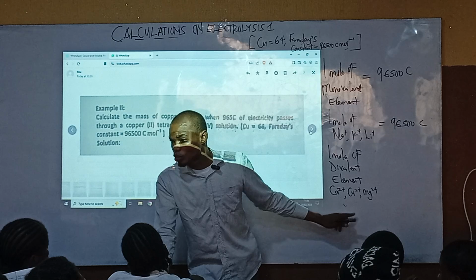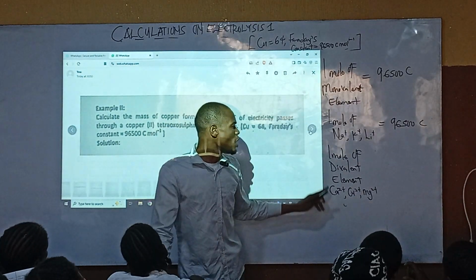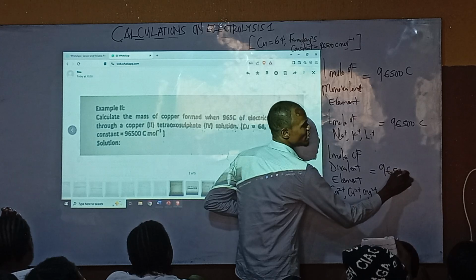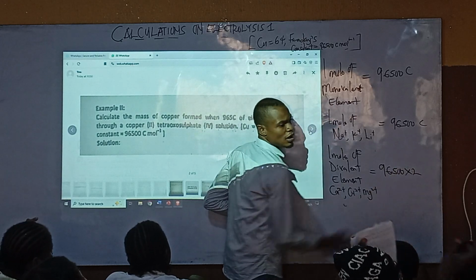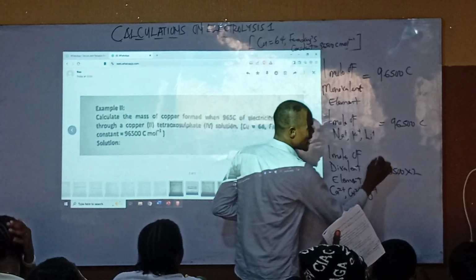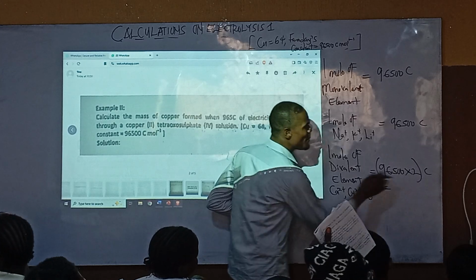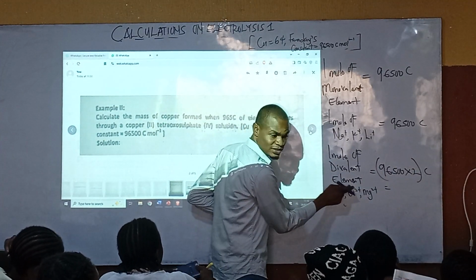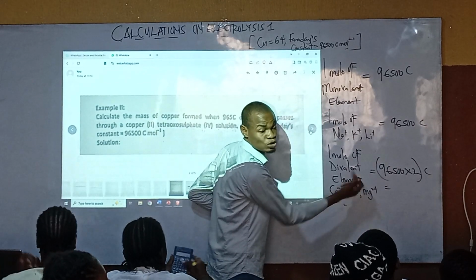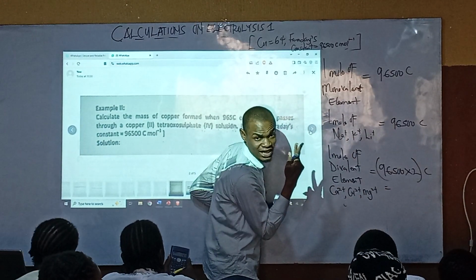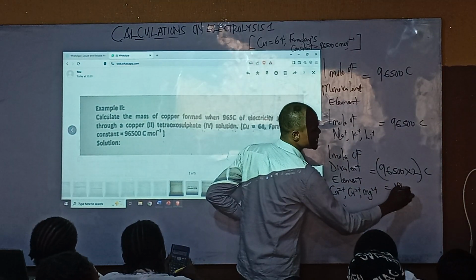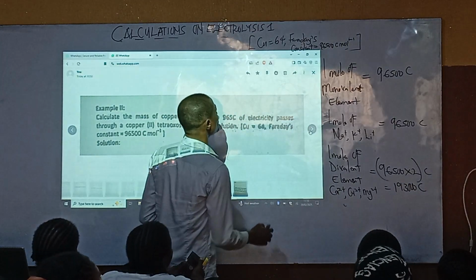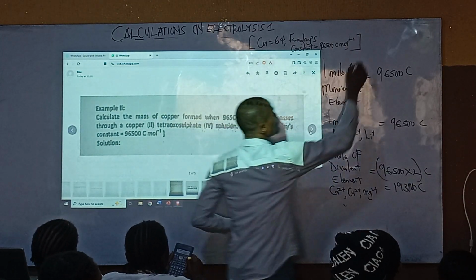They are divalent elements, right? 1 mole of divalent elements equals 96,500 times 2 coulombs, because it has a positive charge of 2. That's 193,000 coulombs, right?